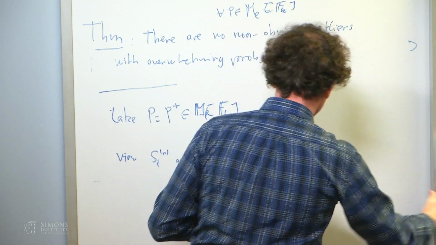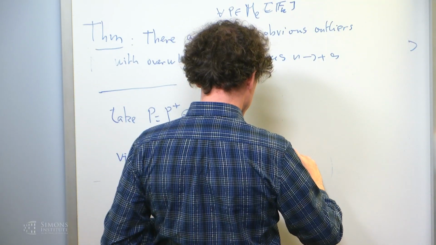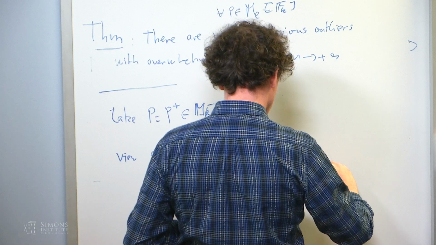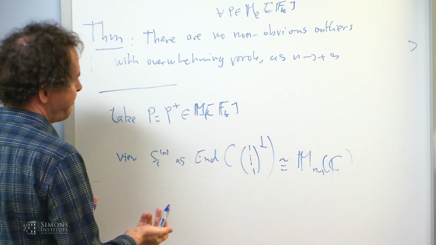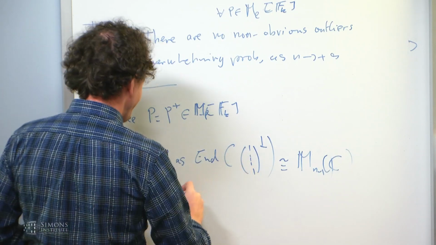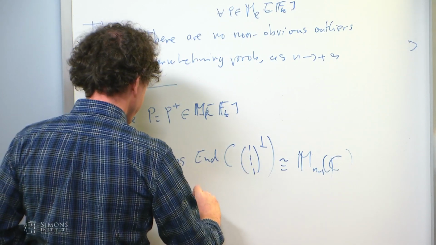You can think of it as an n minus 1 by n minus 1 matrix. I will call them S tilde i n.